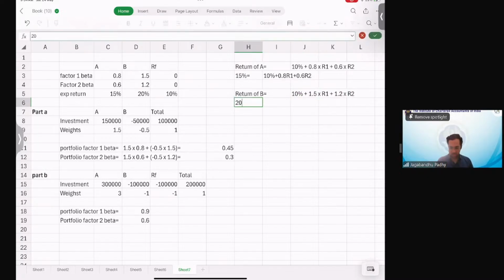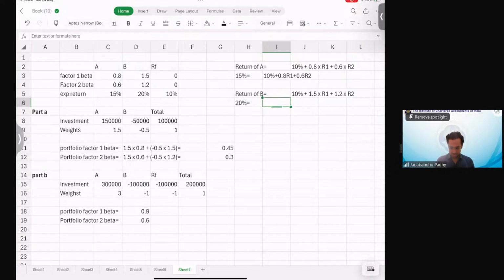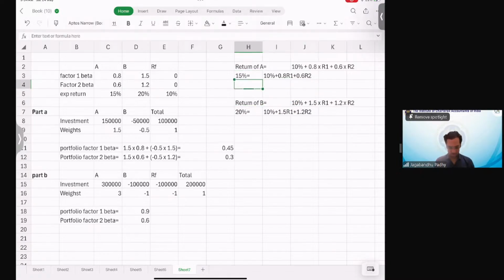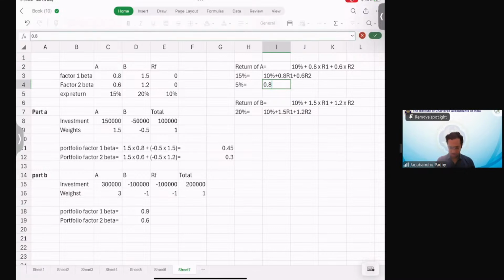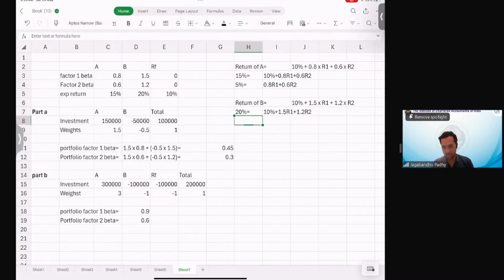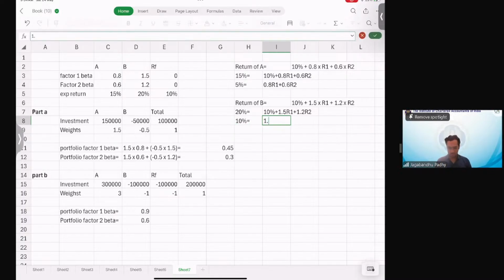So this forms the equation 20% is equal to 10% plus 1.5 R1 plus 1.2 R2. Like 5% is equal to 0.8 R1 plus 0.6 R2. Then 10% is equal to, I'm just transferring the other side, 1.5 R1 plus 1.2 R2.